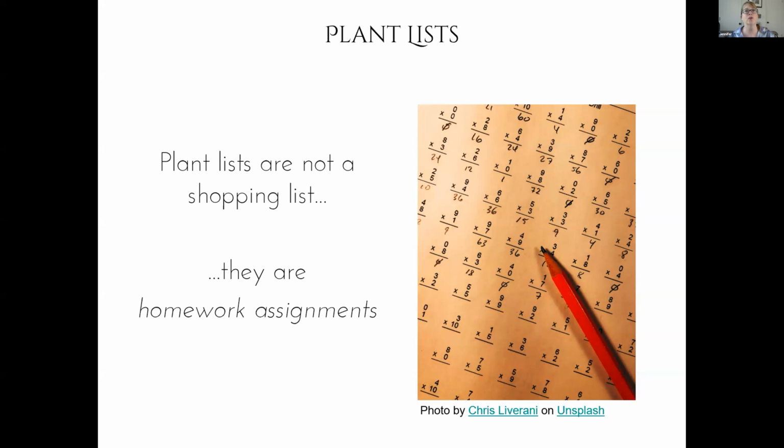And those homework assignments are a wonderful place to start, especially if you're just like, holy crap, there's 3 freaking million plants out there and I don't know what to do. Plant lists are a wonderful place to start. Cross-reference them with Calscape and other local California native plant nurseries, other lists, other books, all that stuff, and then start crossing off the ones that seem like they're not going to work.